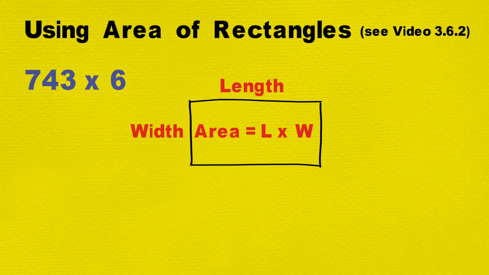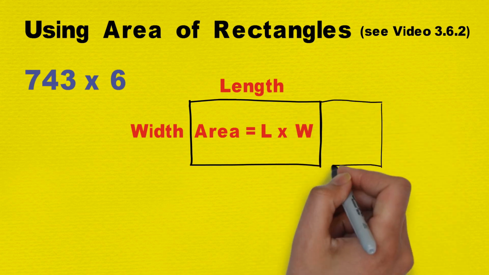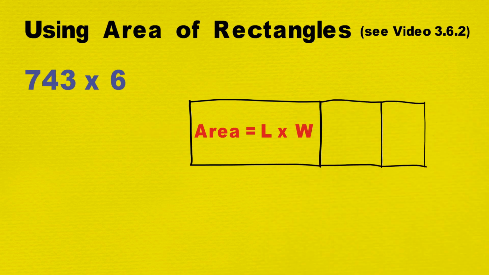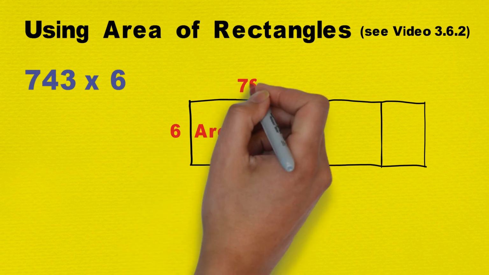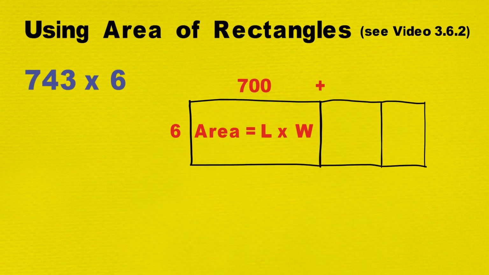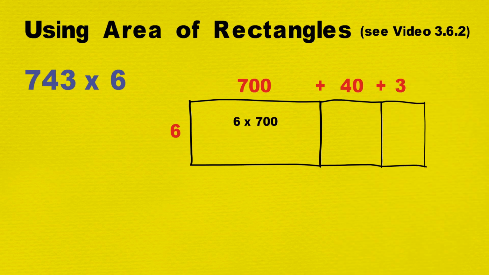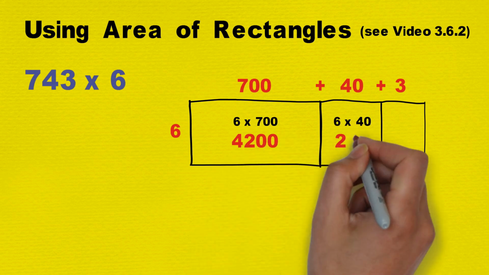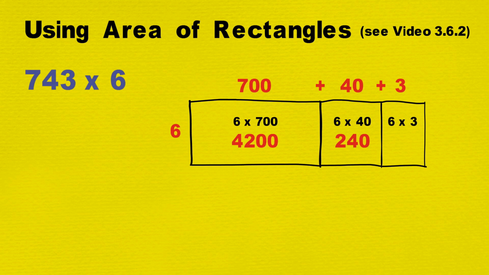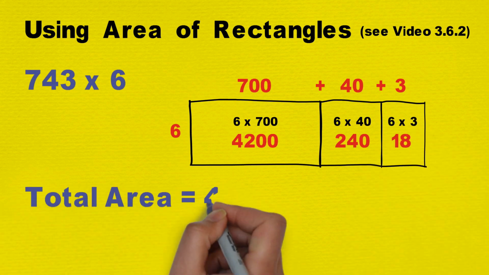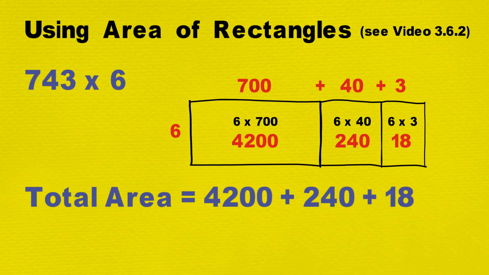For 743 times 6, we can draw these three rectangles: 700 by 6, 40 by 6, and 3 by 6. When you work out the three areas, that is 4,200, 240, and 18, and add them together, you get the total, which is 4,458.